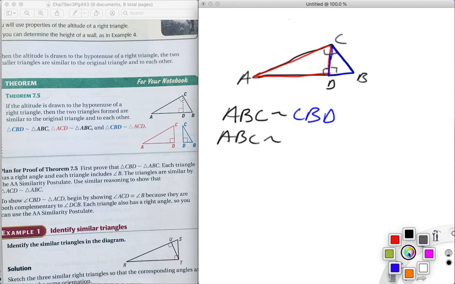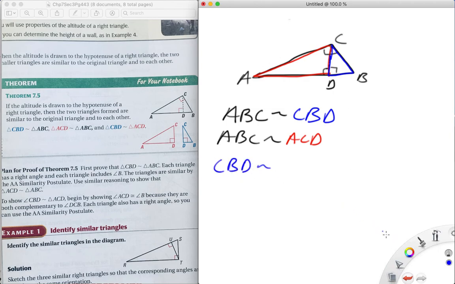I'm not drawing the triangle symbols, but you can. And triangle CBD is similar to triangle ACD. So we have three pairs of similar triangles when we form this altitude.